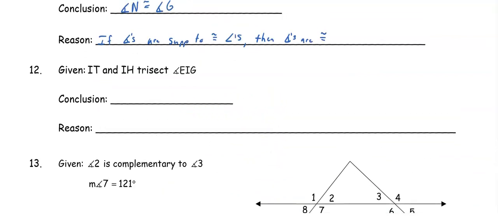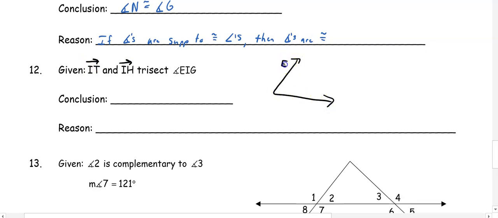Number 12, ray IT and ray IH trisect angle EIG. Okay, so here is angle EIG. And then we have 2 rays inside it that are trisecting. So we have IT and IH. So we now know that all 3 of these angles would be congruent.